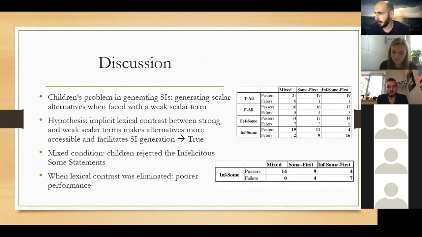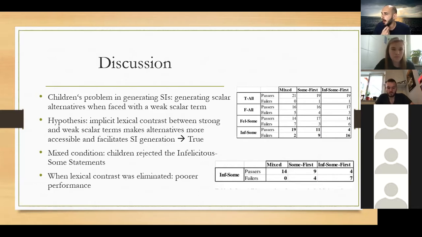I'm just reading the paper again. So in the mixed condition, like you said, they put the sum and all statements in a pseudo random order, so the lexical contrast was clearer, right? And in the sum first condition, they presented sum and all in blocks with the sum always before, so that the stronger alternative was eliminated, they say. So meaning that they didn't see it, basically.